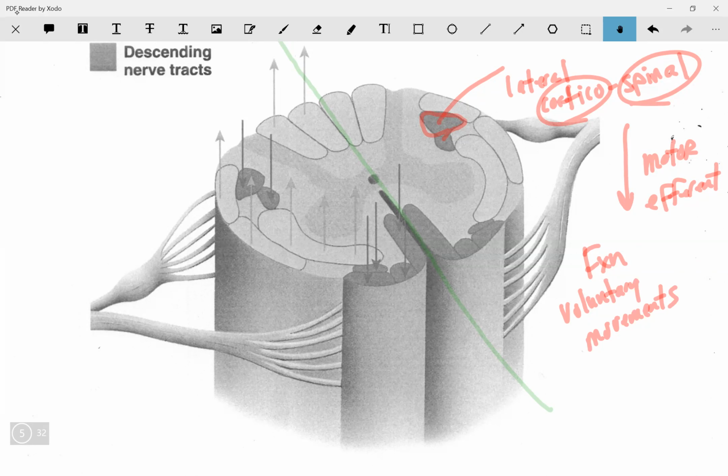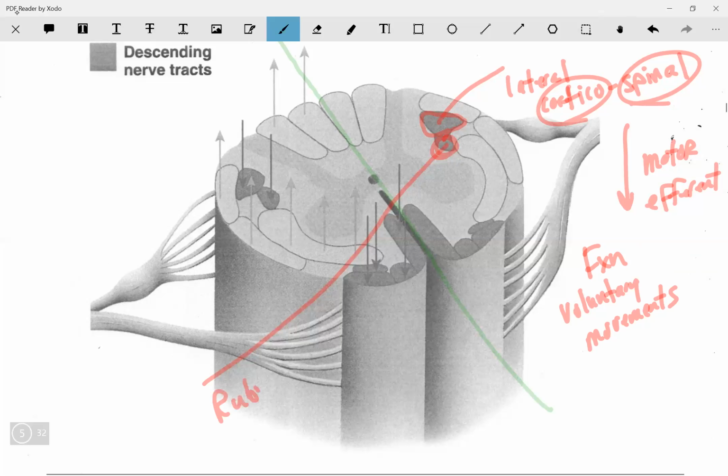Okay, the next one here, that is the rubrospinal tract. Okay, rubro is a part in the brain to spine, so this is letting you know it's descending motor efferent.